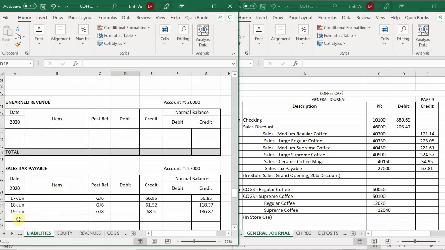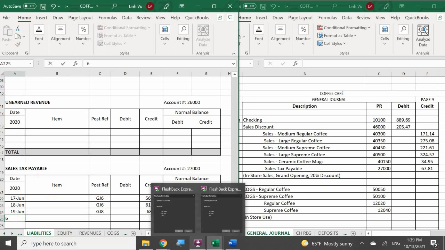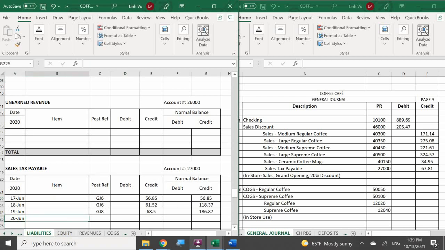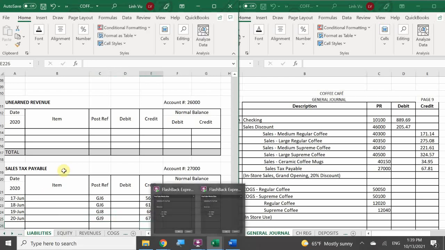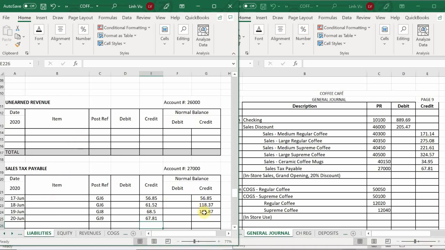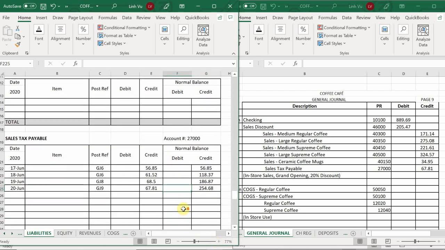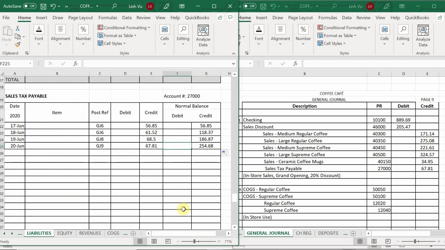Plus, we have a 67.81, a total of 254.68. Good, excellent.